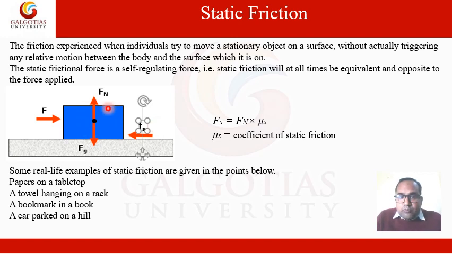Now this block is initially stationary, or we can say at rest. If this box is at rest, the gravitational force acts downward, and the normal reaction force acts upward. This is the normal reaction force. As we know, the static frictional force is a self-regulating force, and static friction will at all times be equal to the opposite force.